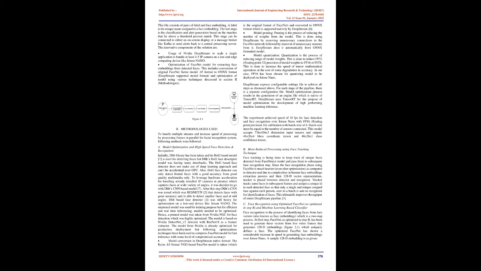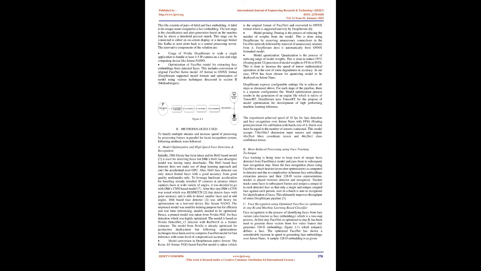This is done to reduce FP32, floating point 32, precision of model weights to FP16 or INT8, to increase the speed of tensor mathematical operations at the cost of some degradation in accuracy. In our case, FP16 has been chosen for quantizing the model to be deployed on the Jetson Nano.